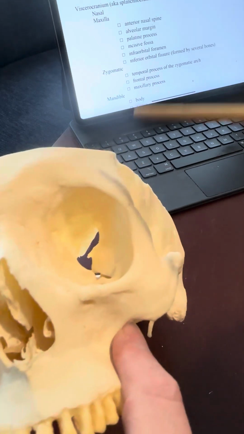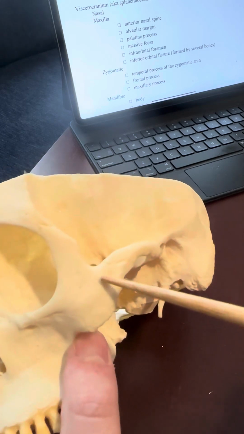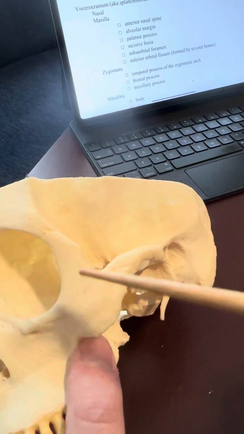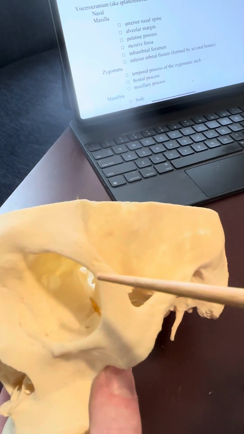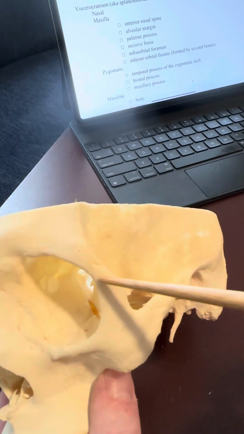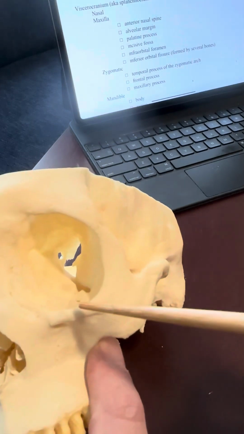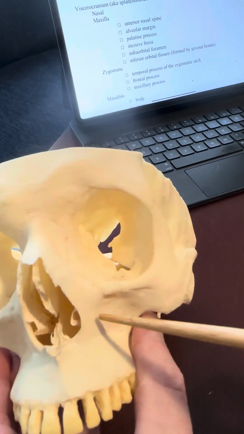All right, zygomatic bone. There's your cheek. Remember, we had this, right? That's the temporal process of the zygomatic bone. This would be the frontal process of the zygomatic bone because it's going to the frontal bone. That's your frontal process of the zygomatic bone. And then right here, on the zygomatic bone, we're attaching to the maxilla.